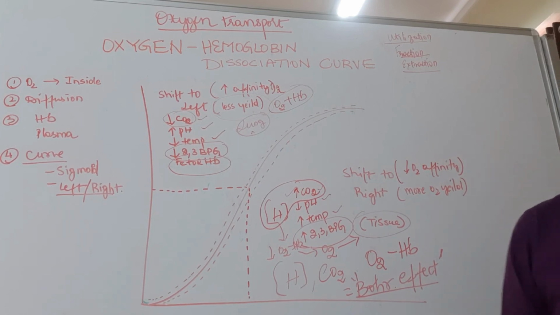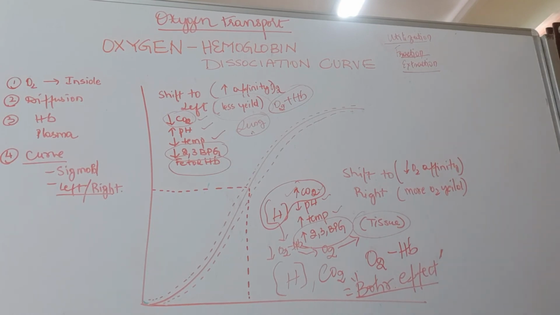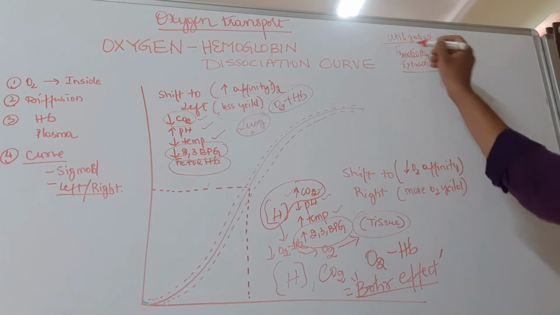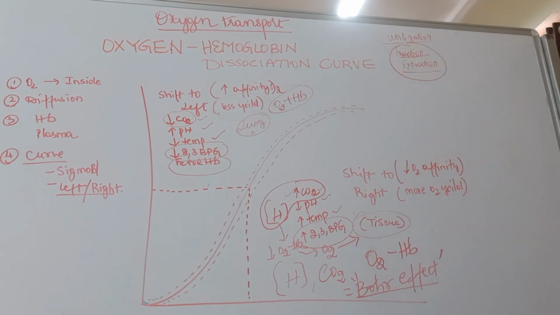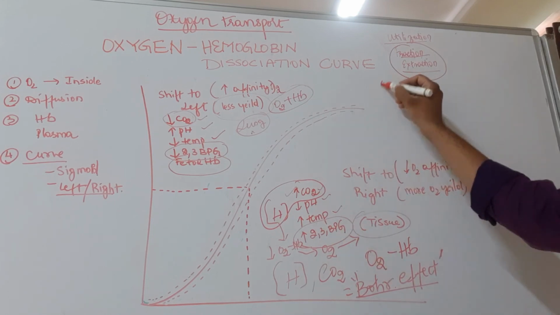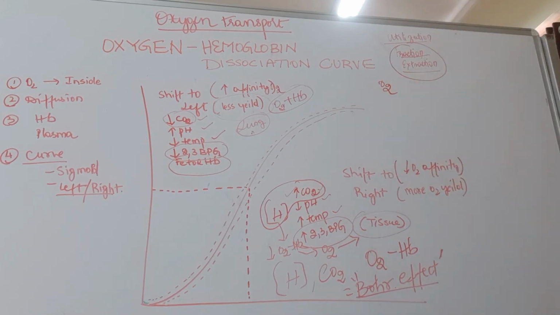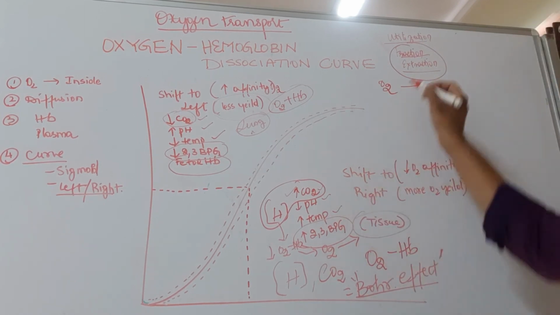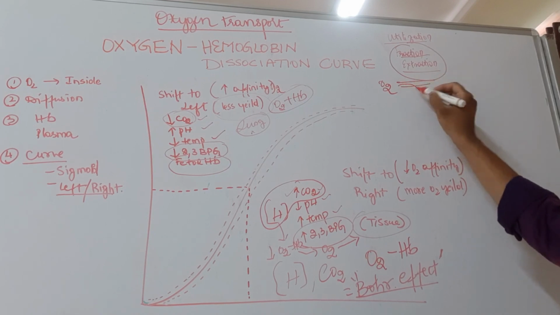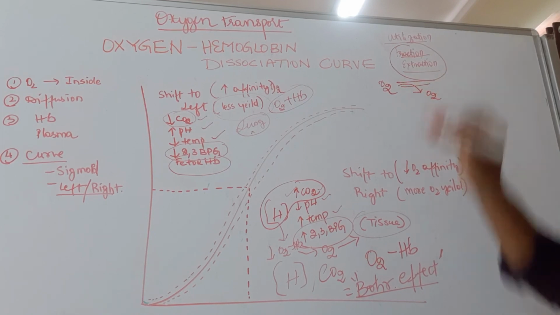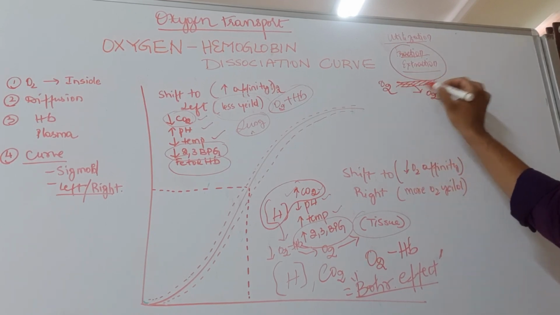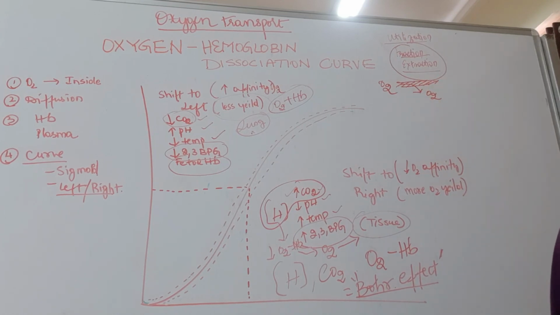The last point to be discussed in oxygen transport is a terminology called fractional extraction. Fractional extraction is defined as the fraction of the oxygen that is given up by the blood as it passes through the tissue capillaries. So, what is the amount of oxygen that is extracted from the blood moving through the capillaries into the tissue?